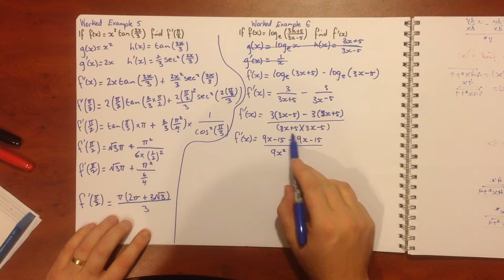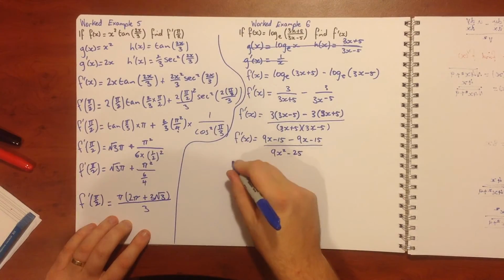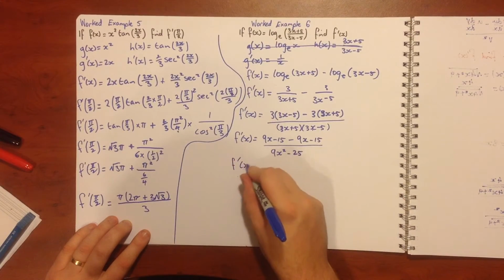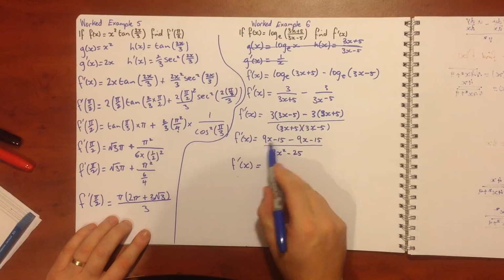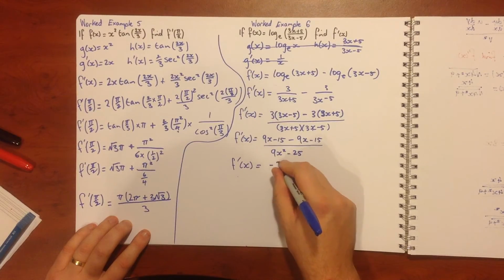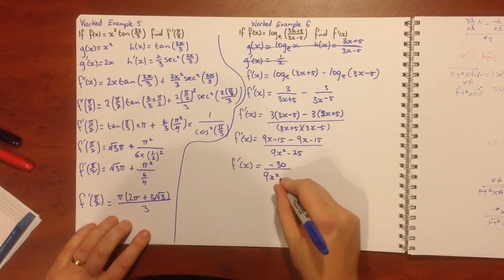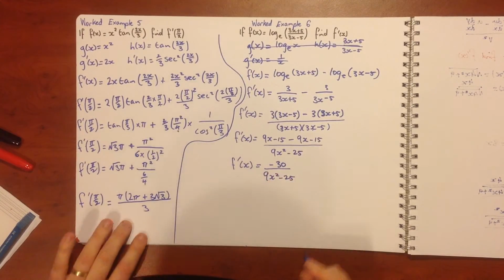Our 3x by our minus 5 is going to cancel out with our 5 by our 3x. So we just get take 25. So we get f dash of x equals, well, our 9x and our 9x will cancel out. Our minus 15 and our minus 15 will become minus 30, over our 9x squared minus 25.